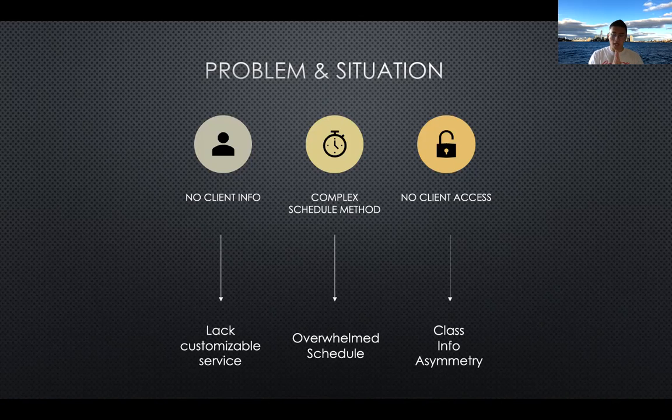So why can't we think of a new way to present the data, how many classes they have already taken and how many they have left, to the clients more clearly, to make more sense? So this class info asymmetry will no longer exist.